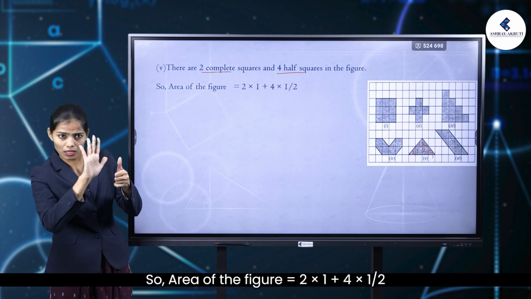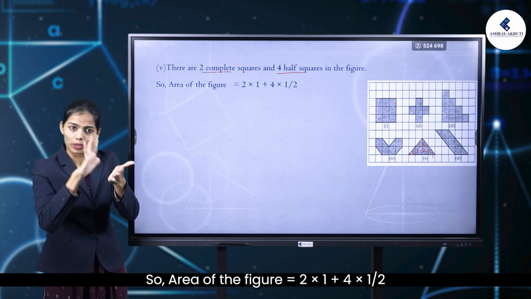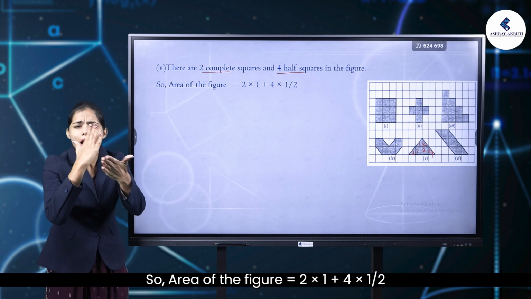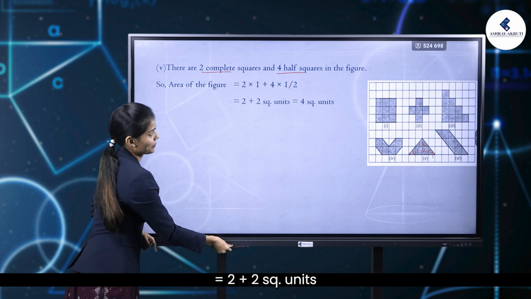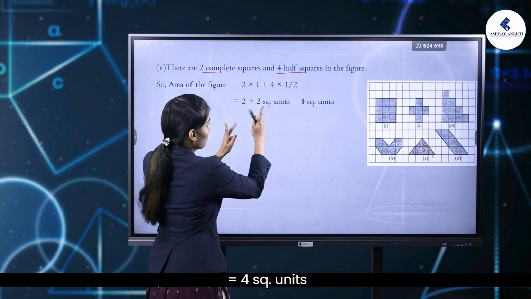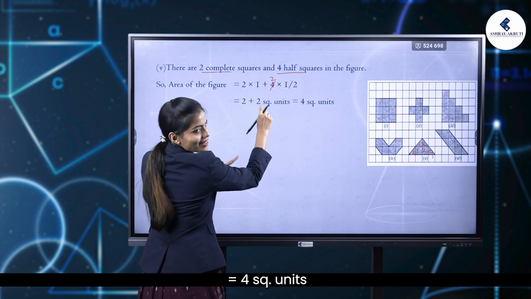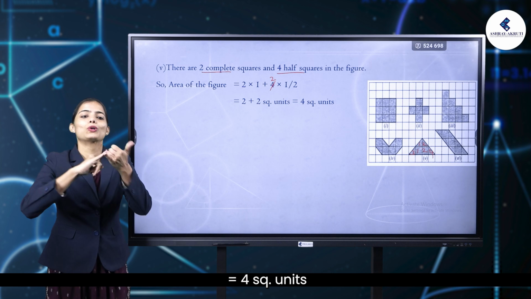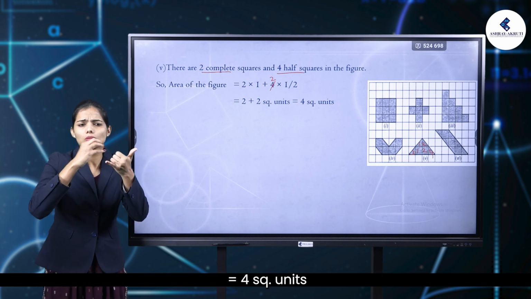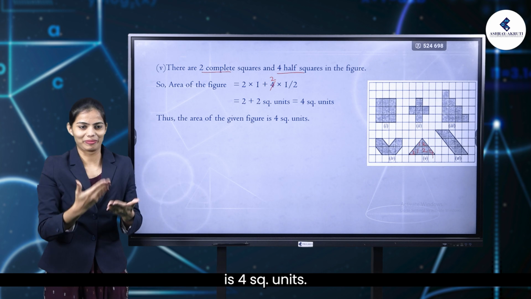So, area of the figure is equal to 2 into 1 plus 4 into 1 by 2 is equal to 2 plus 2 square units is equal to 4 square units. Thus, the area of the given figure is 4 square units.